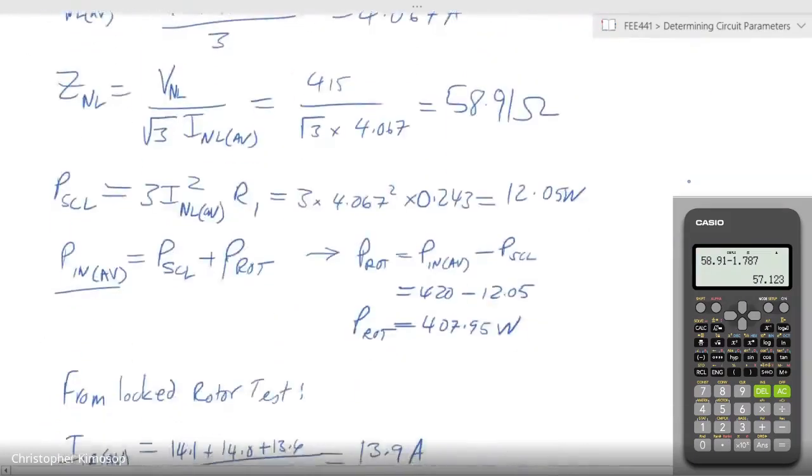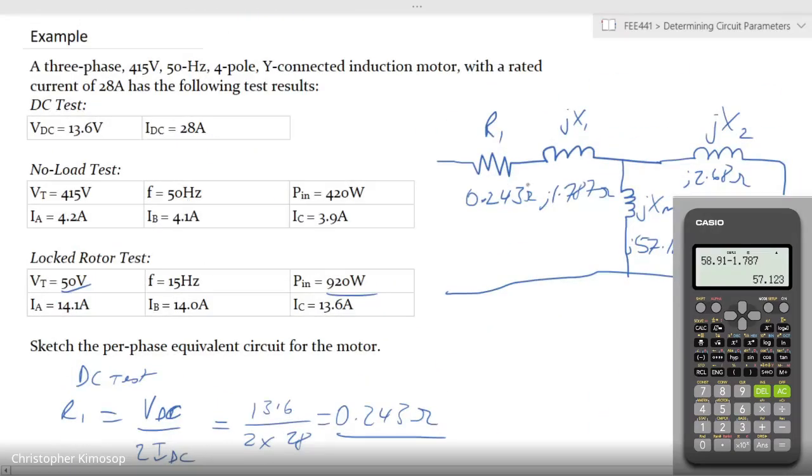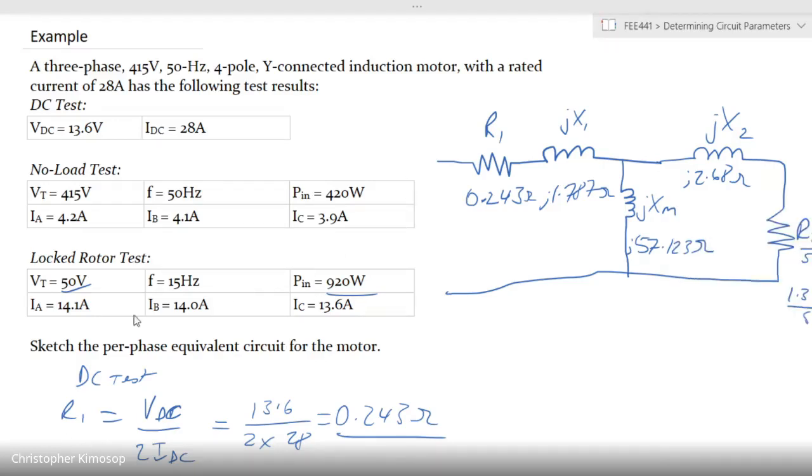And our R2 was 1.344 over S. Okay. It looks like that, right?